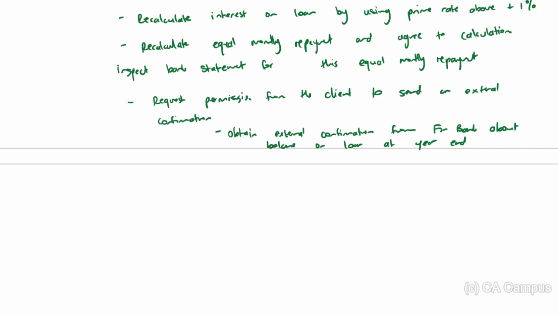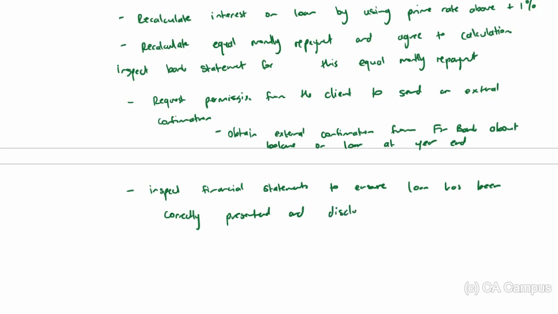And guys, what is that? That's using ISA 505, our external confirmation standard. So now I'm using an additional standard. Okay, in terms of my presentation and disclosure, I can go and inspect the financial statements to ensure the loan has been correctly presented and disclosed in terms of IFRS.